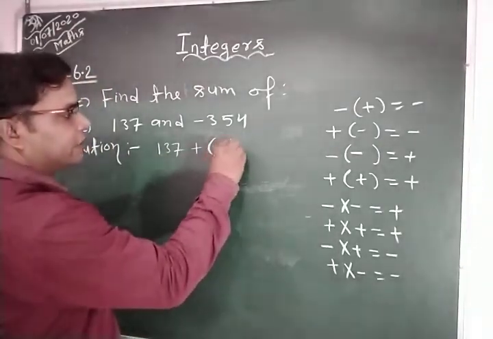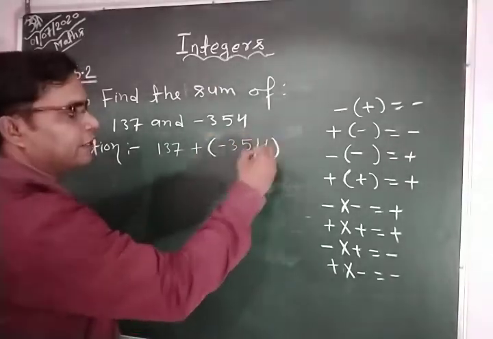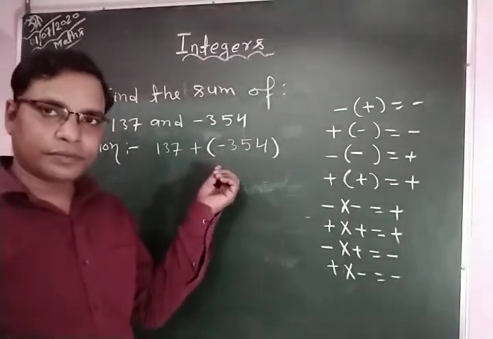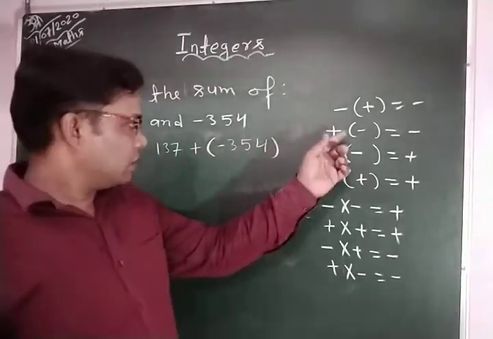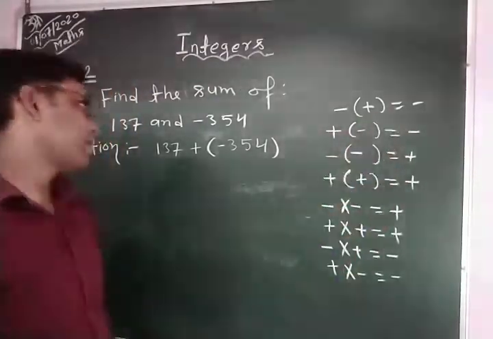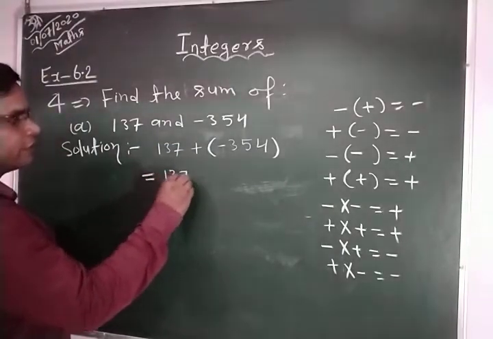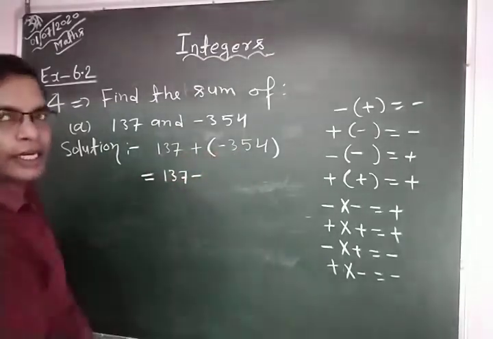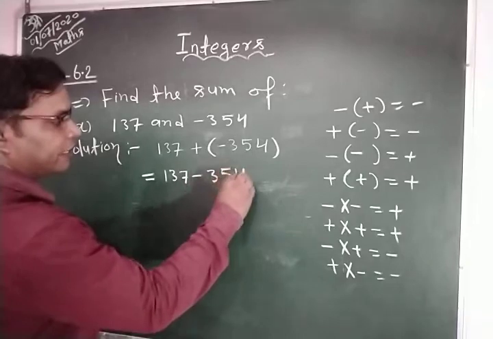Before the bracket is plus and inside the bracket is minus. Plus into minus is equal to minus. So this is equal to 137 minus 354, and we write 354 as it is.